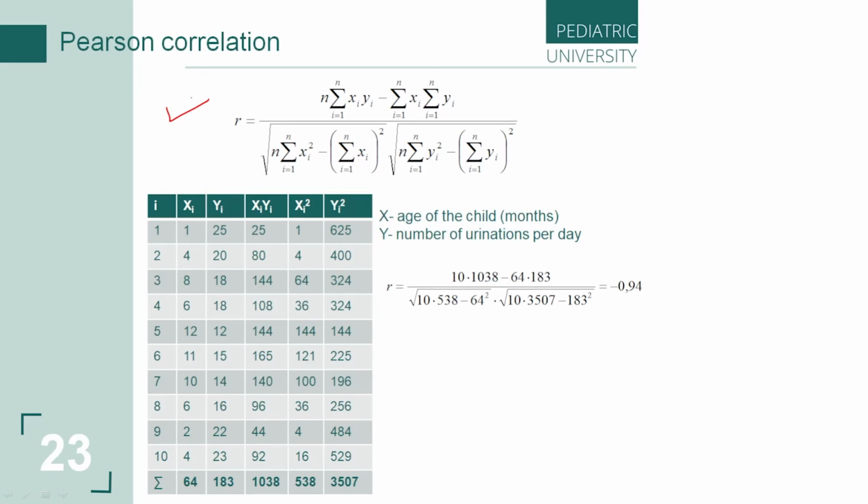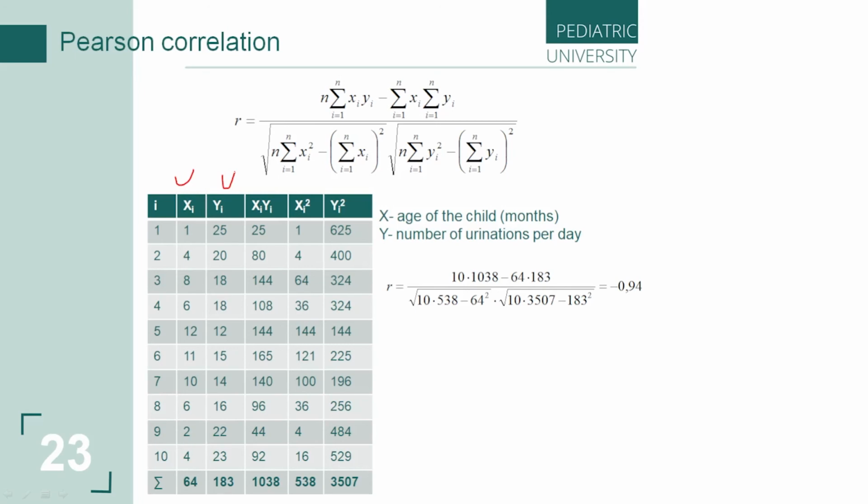Variable x is the age of a child in months, and variable y is the number of urinations per day. There is a table on the slide where our x and y data are placed in this column and in this column. Let's look at the formula with you.